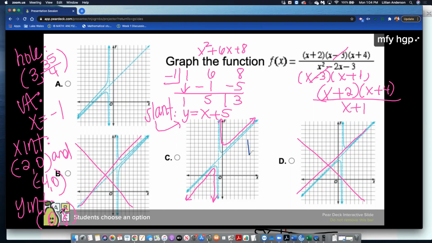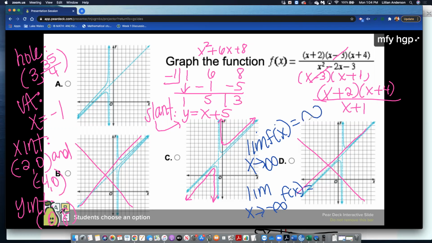What's the end behavior? Functions like this. For this first one, is it positive infinity? Yes, because as x is getting larger, it's getting further and further out to positive infinity.